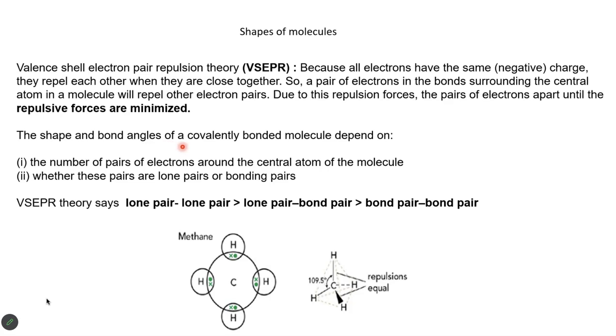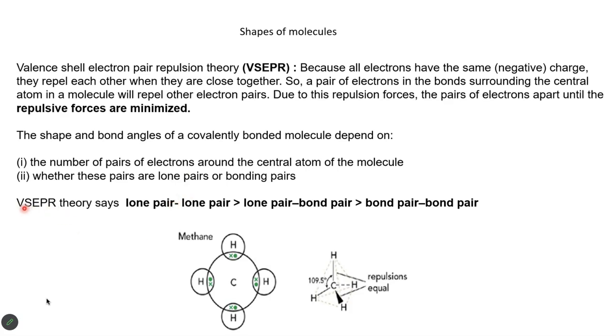The shape and bond angle of covalently bonded molecules depend on the number of pairs of electrons around the central atom. This is very important. And whether there are lone pairs and bond pairs also dictates the shape of molecules. And as I said, repulsive forces have to be minimized in three dimensions to get the shape.